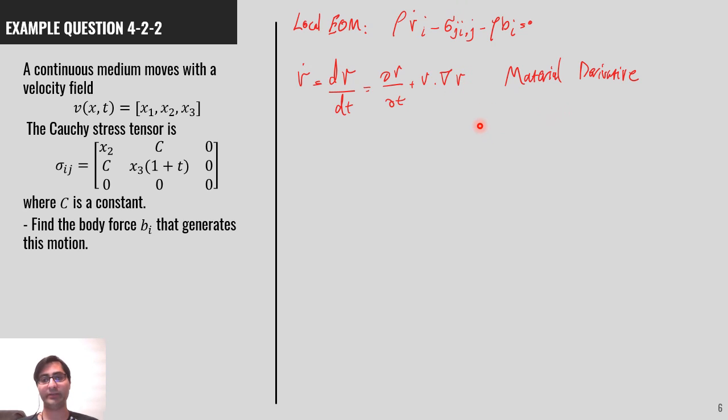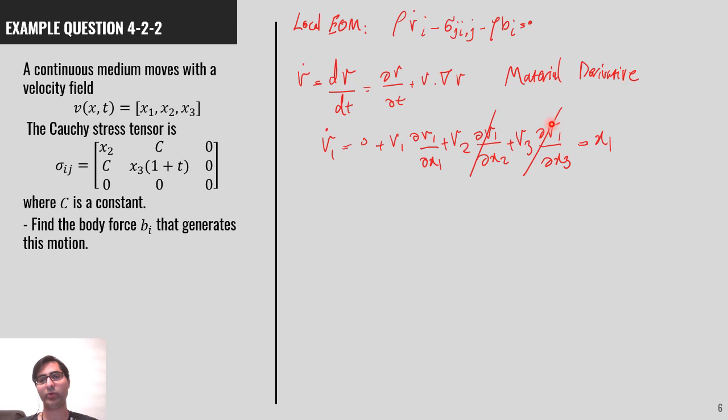That's the material derivative relation. For v dot 1, we get 0 plus v1 partial v1 partial x1 plus v2 partial v1 partial x2 plus v3 partial v1 partial x3.